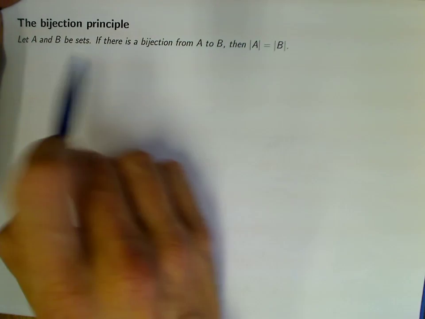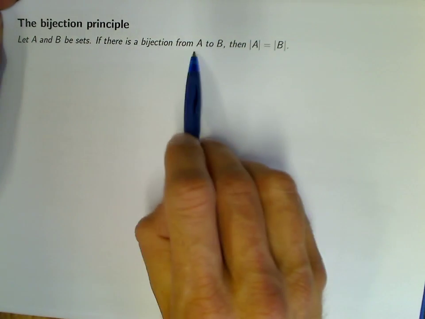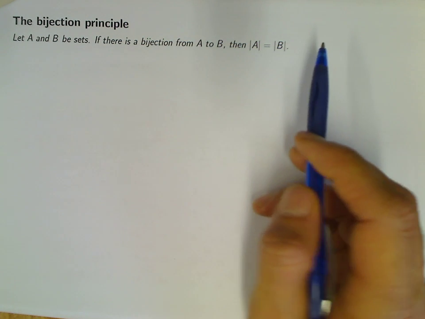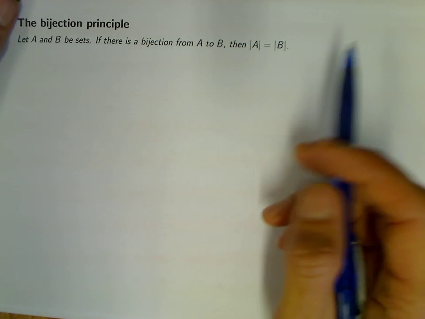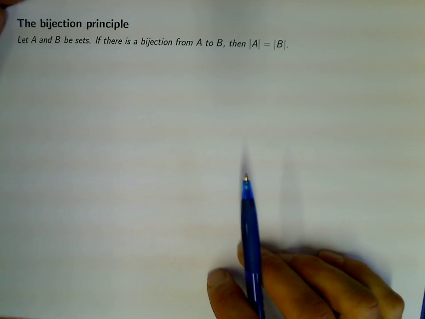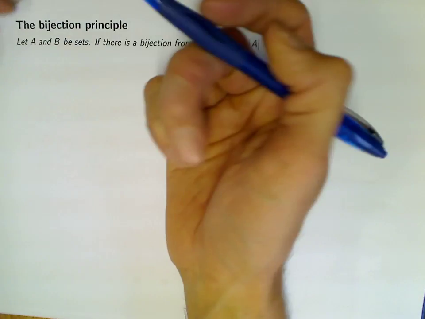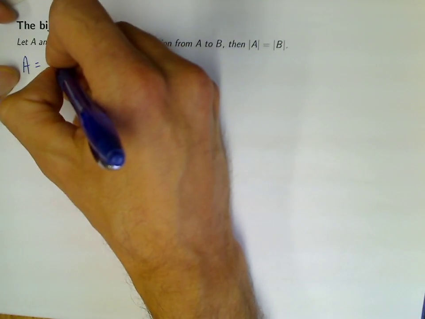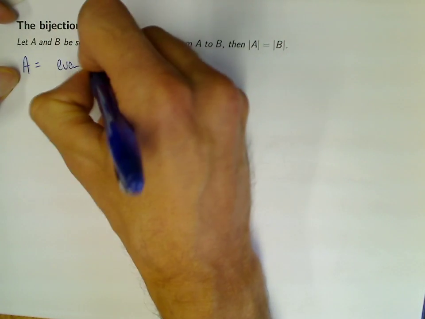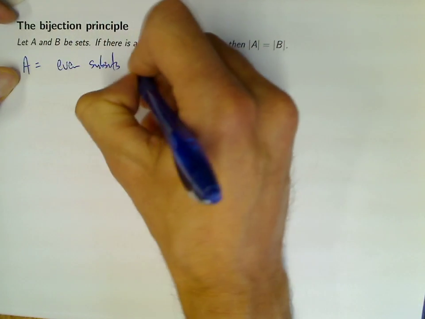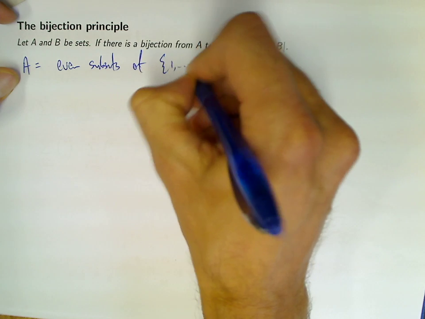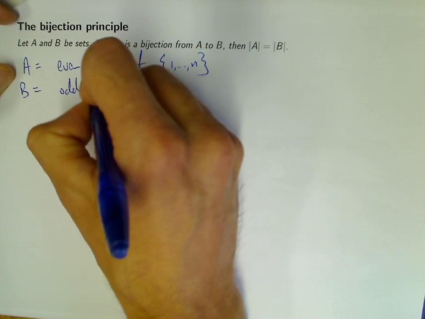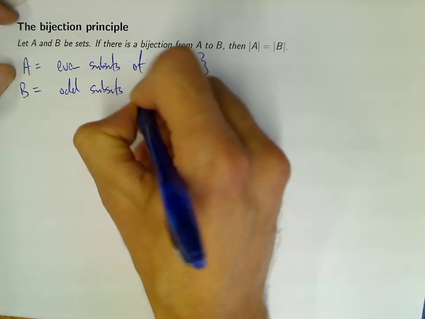Okay, and this says that if A and B are sets, if there's a bijection from A to B, then the size of A is equal to the size of B. Actually, this is basically the definition of two sets being the same size. So what we're going to do here, A is going to be the even subsets of 1 to n, and B is going to be the odd subsets of 1 to n.